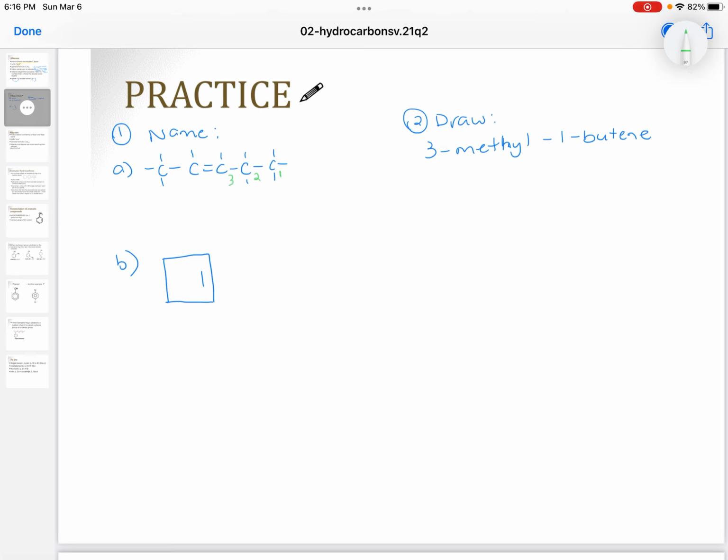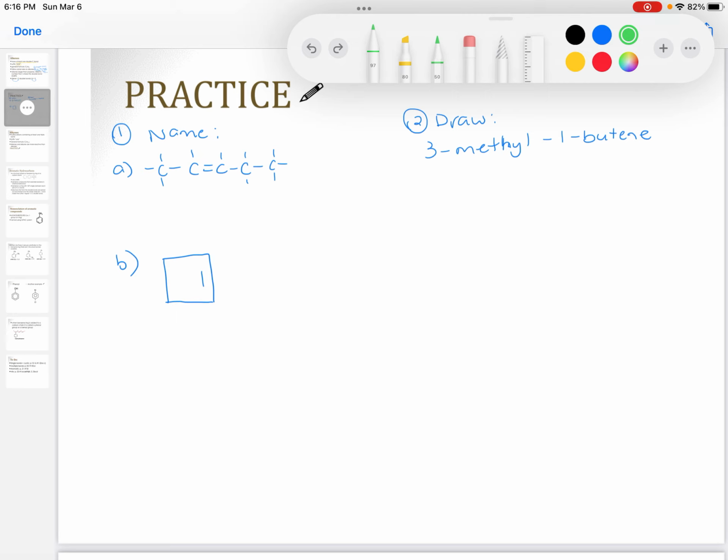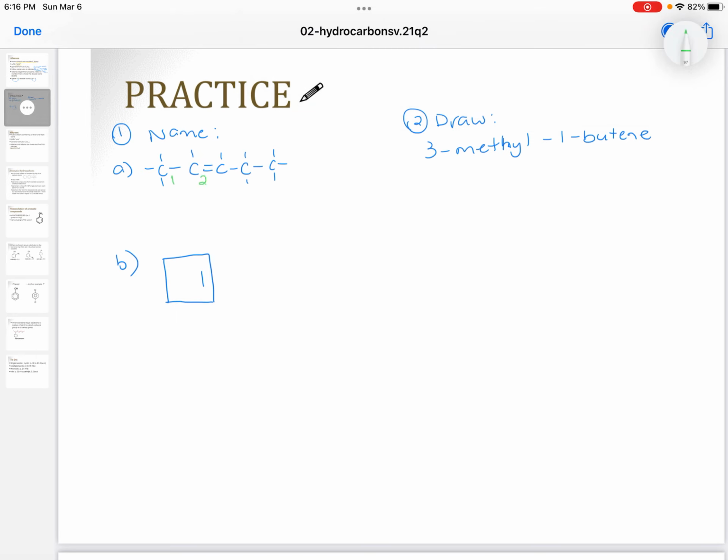Whereas if you go from the left, 1, 2, that carbon number 2 has a double bond attached to it. So we are going to use 2-pentene as the name. So just as we did before, 5 carbons equals pent. And then ENE, because there's at least 1 double bond. And where is the double bond? It's on carbon number 2.